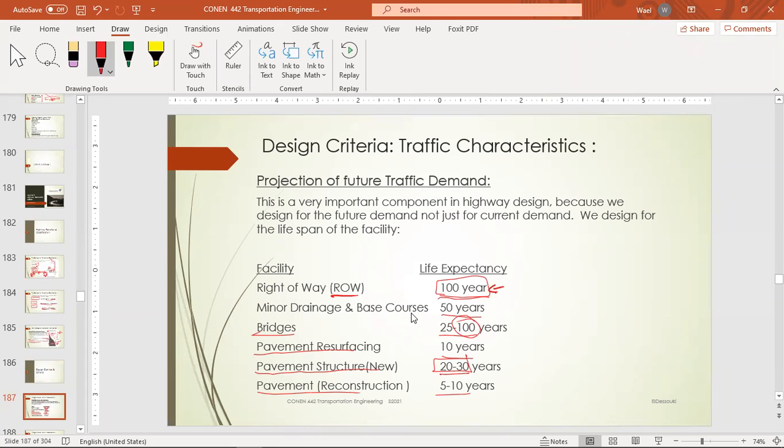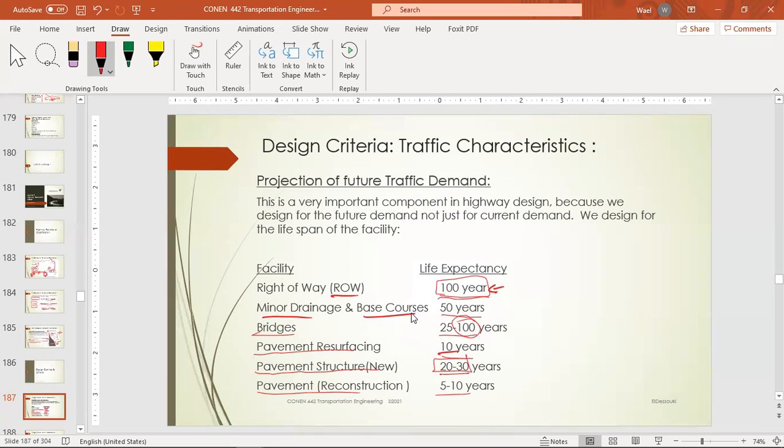For minor drainage and the base course of the highway, we plan for 50 years. Why? Because the base course and the drainage are difficult to replace or expand after constructing the highway. Bridges range from a minimum of 25 years to 100 years, because this facility we don't rebuild every 10 years or so. Pavement resurfacing is every 10 years, and maybe less than that.